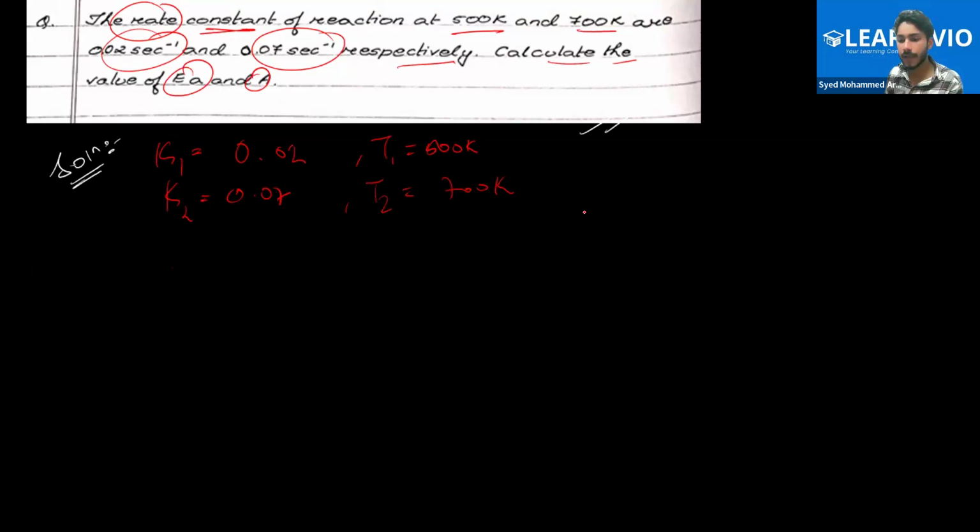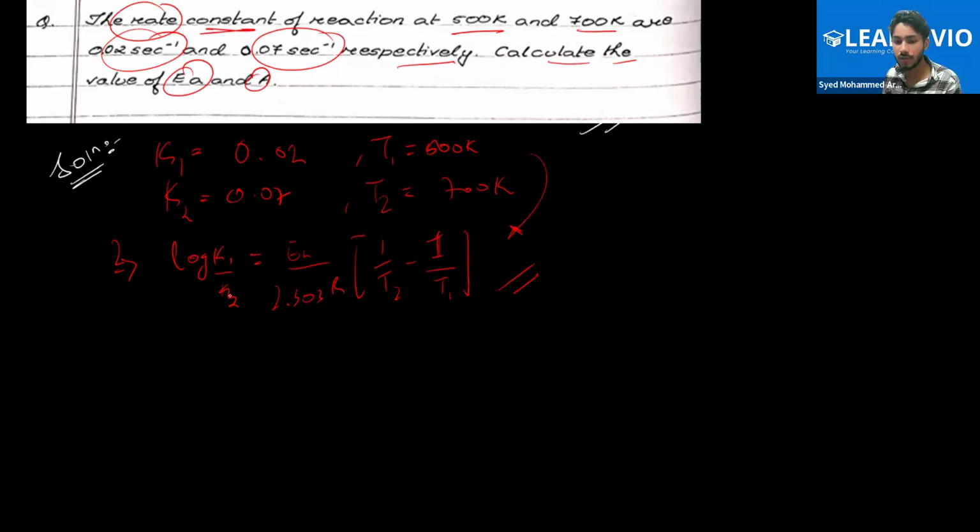So I'll help you. The formula would be log K2 upon K1 equals Ea upon 2.303 R into 1 upon T1 minus 1 upon T2. Now put the values in this formula and solve for, first of all, Ea. Solve it for Ea.